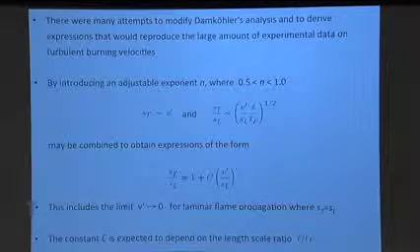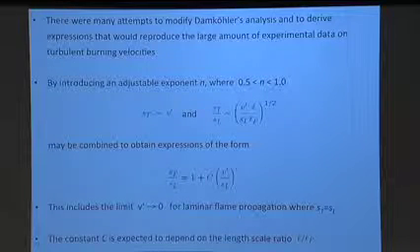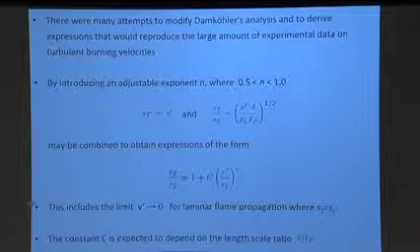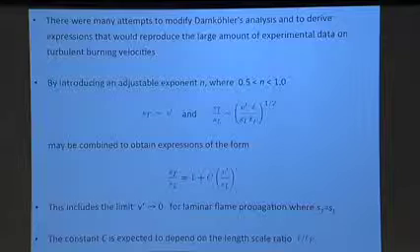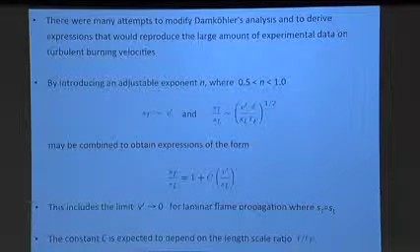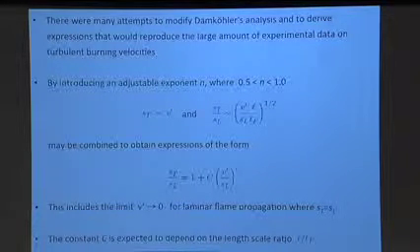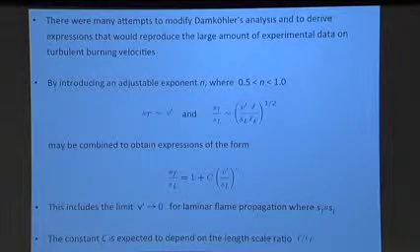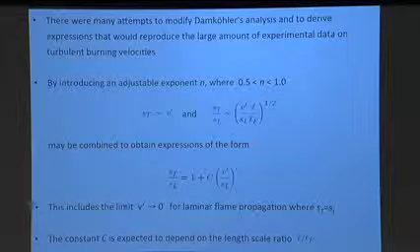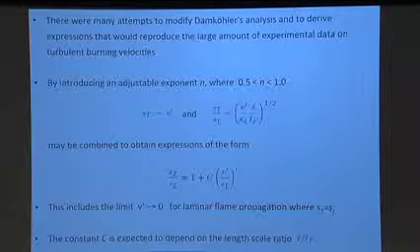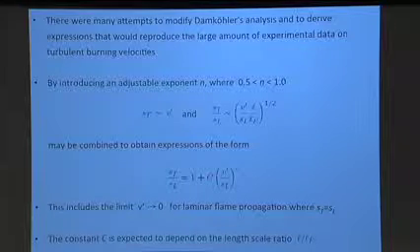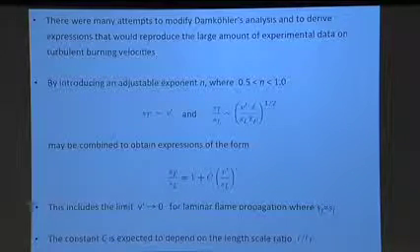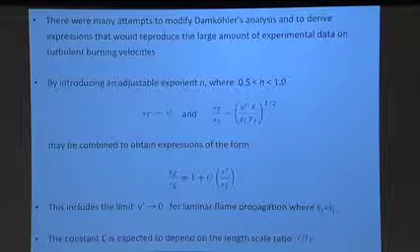There have been a lot of measurements of ST in the past, and people always try to correlate them back into expressions like this. This expression says ST is equal to SL plus SL times whatever this is.